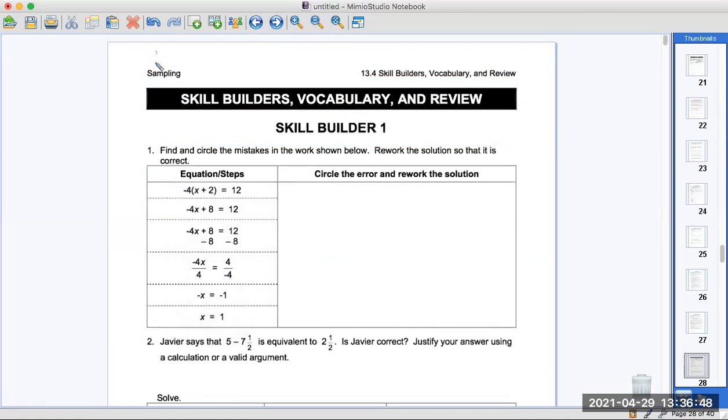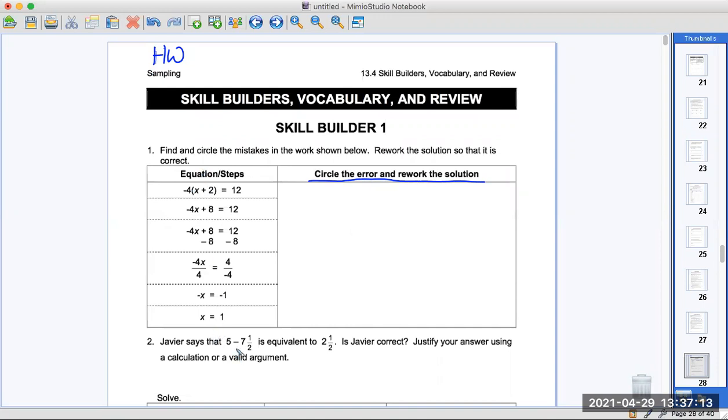So these are reviews you can do actually. So that's why I'm giving them to you for homework. Here you have to circle the error and rework the solution. So here you work it out correctly. There's an error somewhere here. Step 1, step 2, you have to kind of work. I would say work it out first and then look for the error.